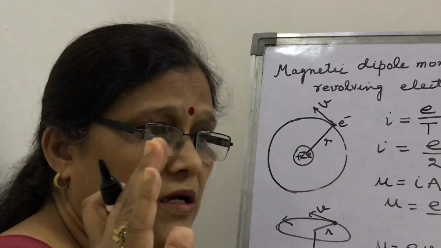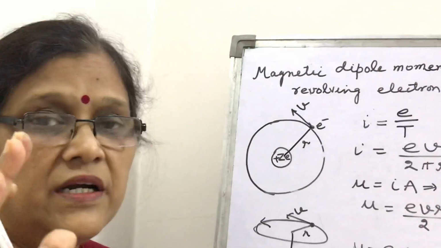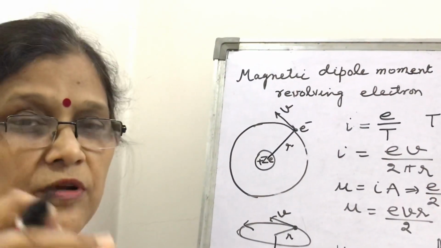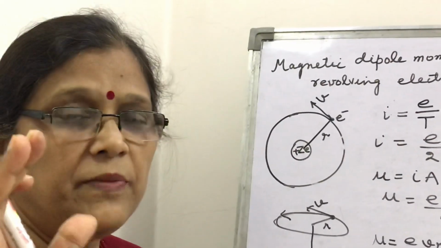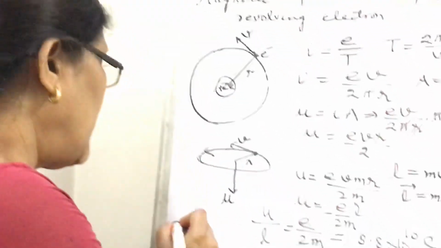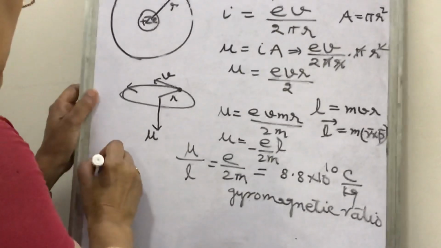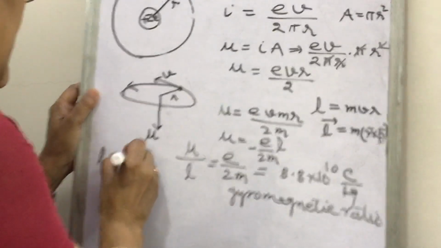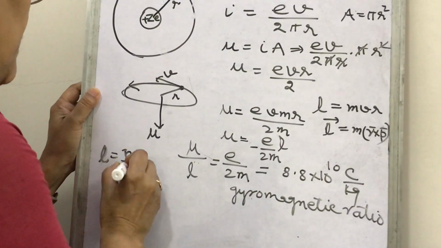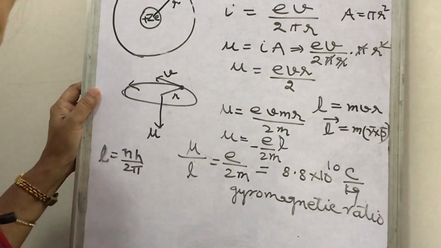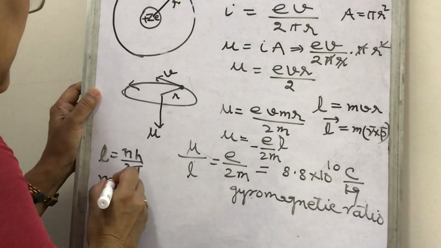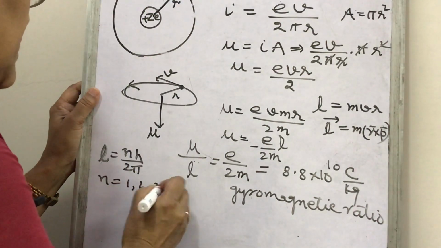That is Bohr's quantization condition. Its angular momentum remains quantized. Then how much can it have? The angular momentum it can have is L equal to n h upon 2 pi, where h is Planck's constant and n is any natural number, 1, 2, 3, anything.